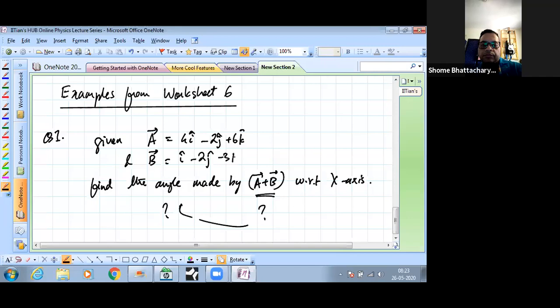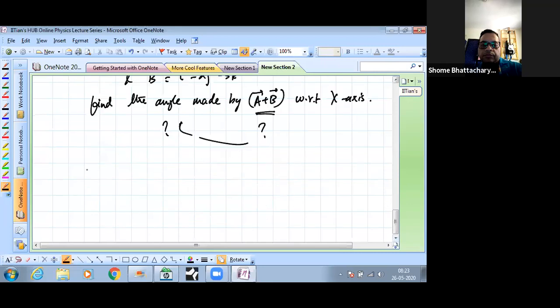Okay. So now just do this. Do the steps I'm telling you in case you haven't done this question. Step 1 is find A plus B. Let's say that becomes a resultant. And then next step, find this direction cos alpha for the resultant vector.